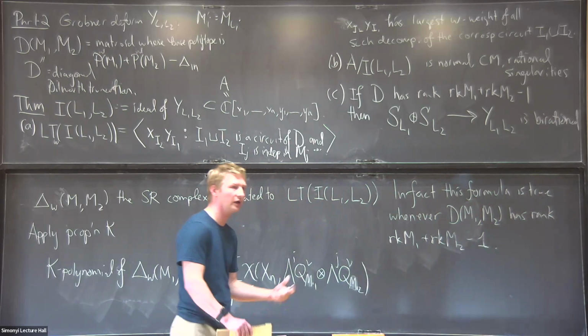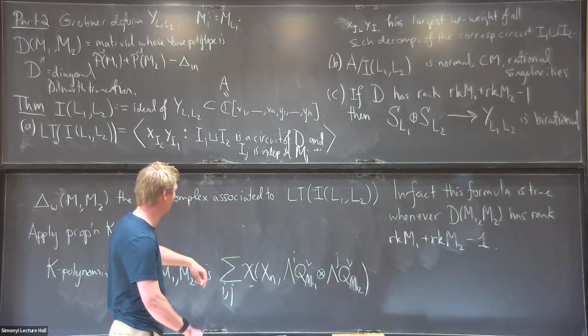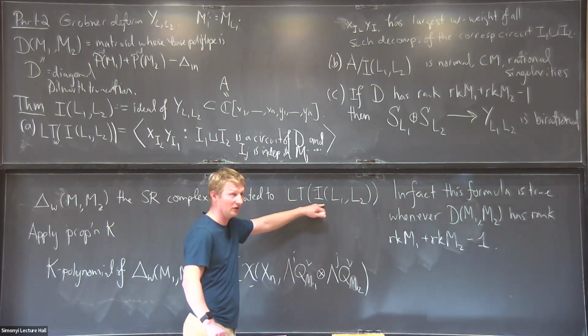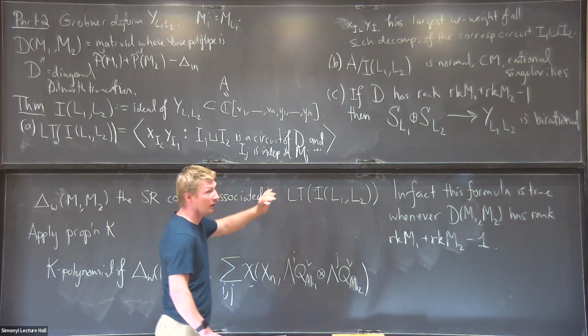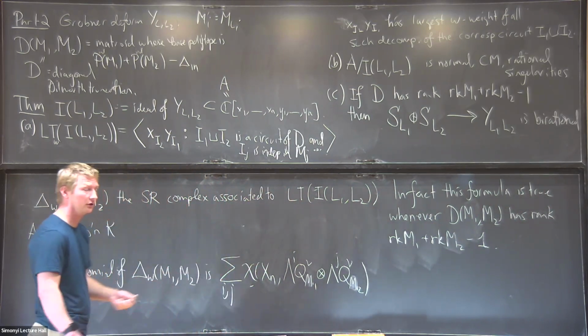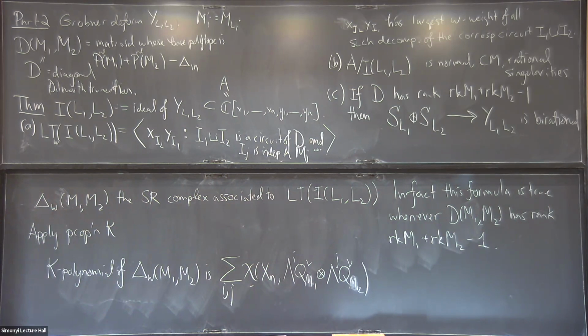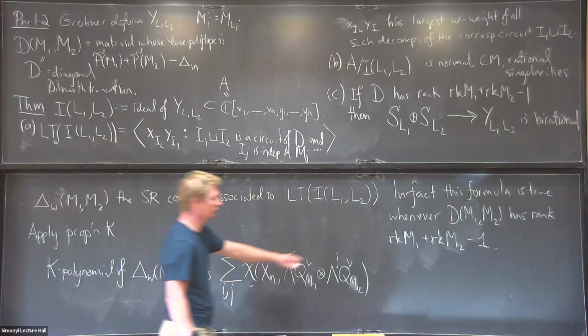This is saying that Y of L1, L2 was birational to the bundle. We can say some things about what happens when the rank is not what you expect it to be, but it's more subtle, and I can't give the best version of this assumption right now.